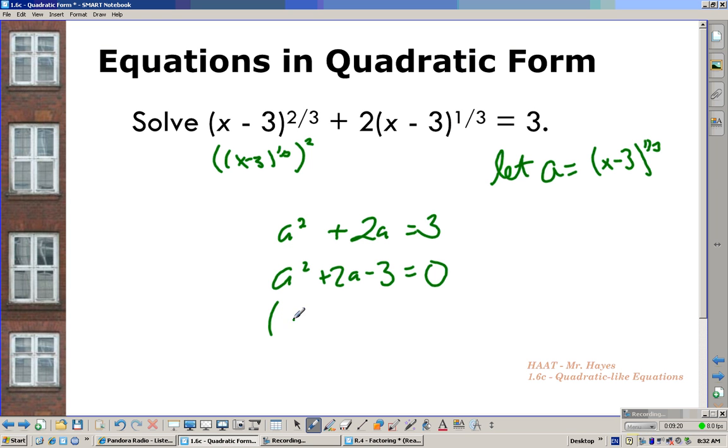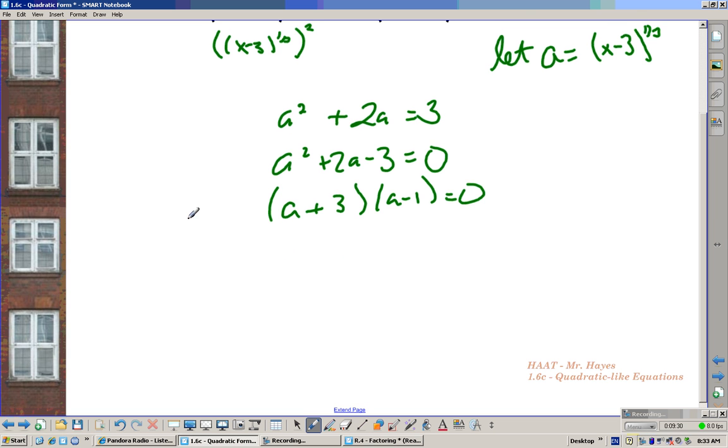So factoring wise, this actually isn't too bad. You get (a + 3)(a - 1) = 0. So then a = -3, a = 1, and then we're going to substitute this back in. And then we're just going to solve it like you guys were doing. This is essentially like the radical equations we were doing before.